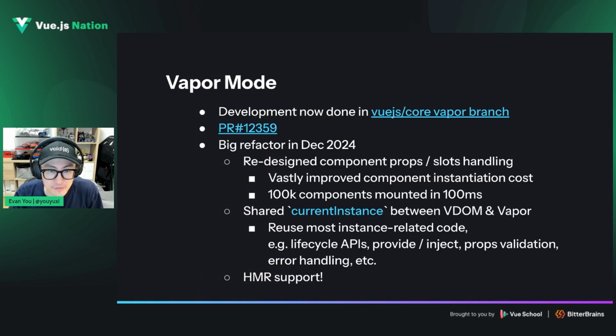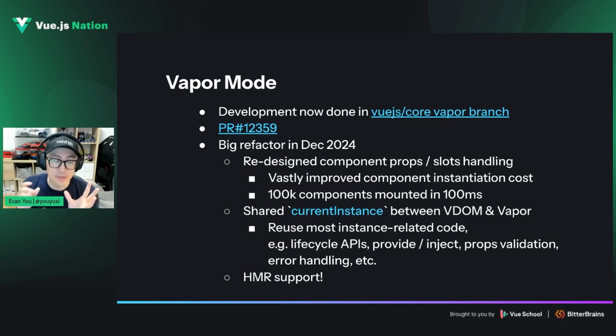So another big part of the refactor is we refactor the whole Vapor mode implementation to use a shared current instance between VDOM and Vapor. So there will be virtual DOM component instances and Vapor instances in the same tree because that is the goal.